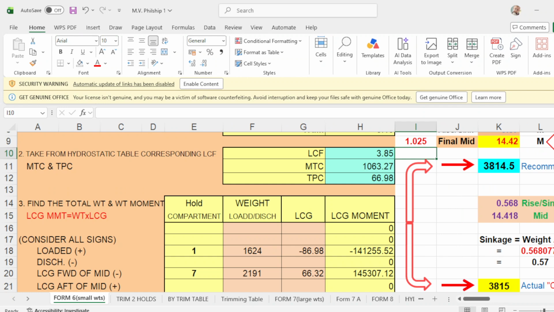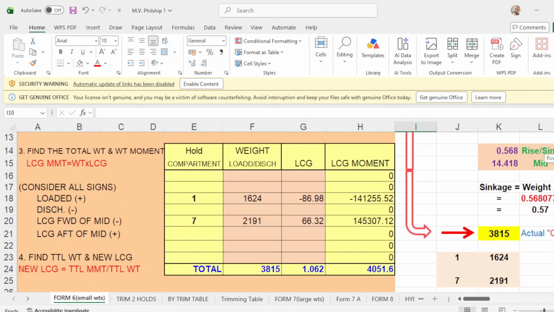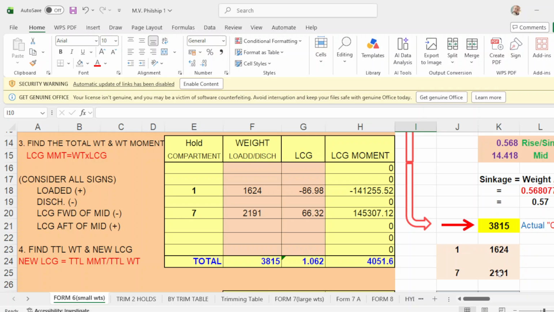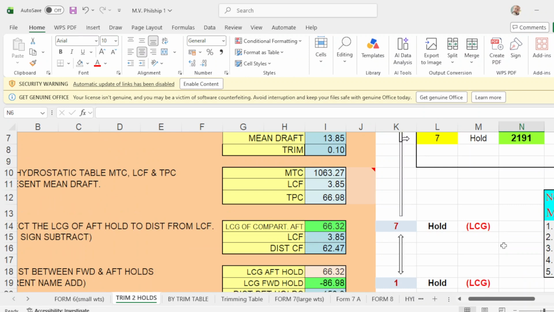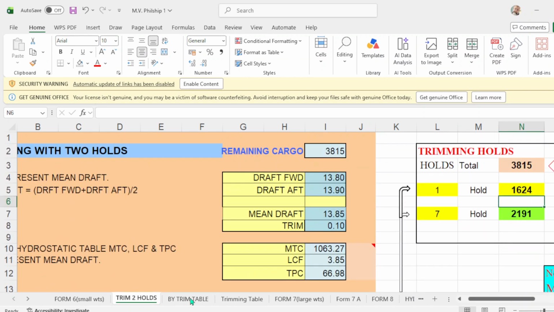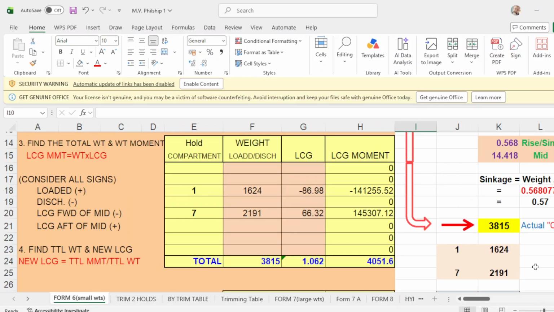Okay, take note of the cargo: 1624, 2191. So you put the cargo here, corresponding to hole number 1 and 7. Hole number 7 is 2191.